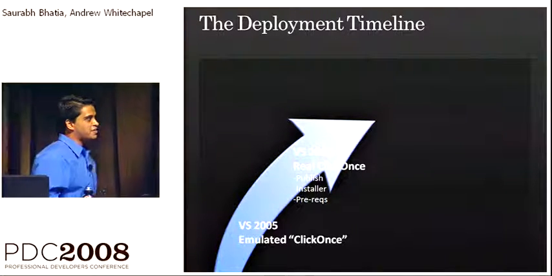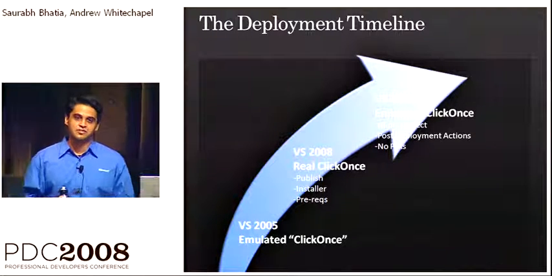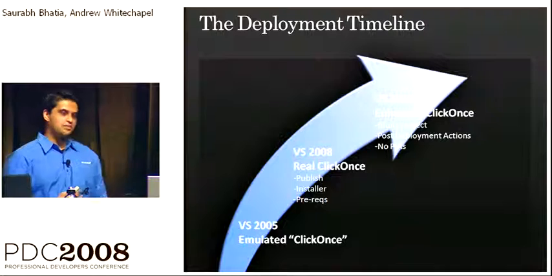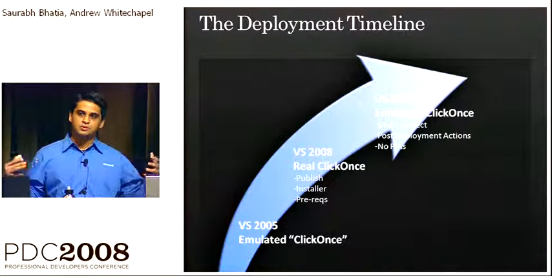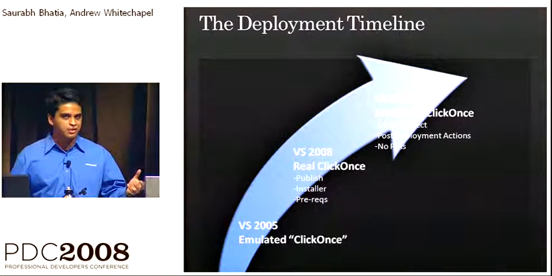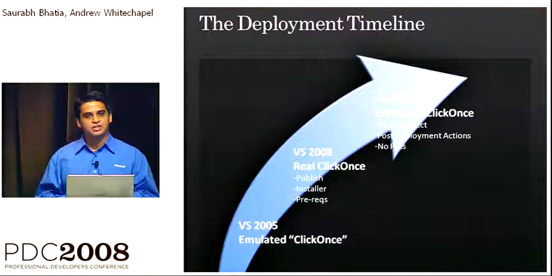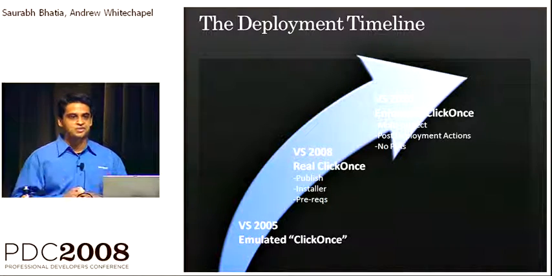But we're not done yet. We're going to take this further. We're going to enhance deployment even further in Visual Studio 2010. There's specifically 3 new things that we want to do that I'm going to talk about, which will help you deploy complex solutions that can consist of multiple projects together. The second feature would be allowing you to customize your ClickOnce deployment by writing your own actions.